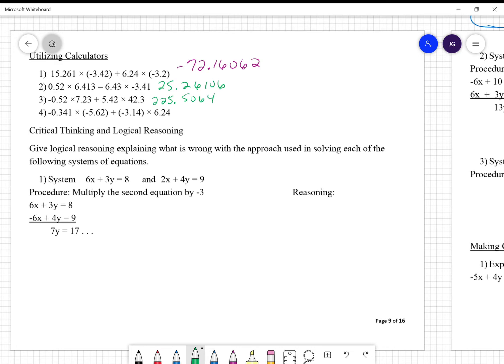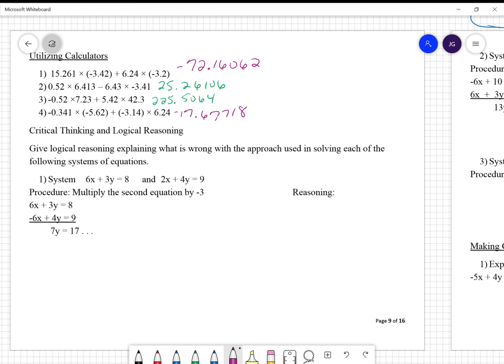And the last one is negative 17.67718. Okay.